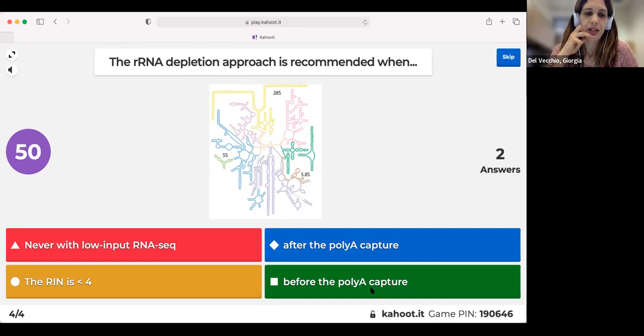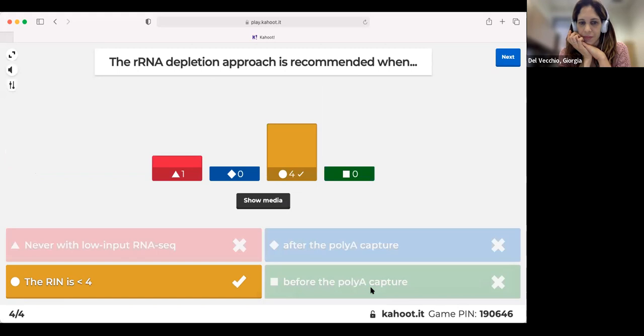Never with low input RNA-Seq, after the poly-A capture, when the RIN number is below 4, or before the poly-A capture. Yes, the RIN is below 4.